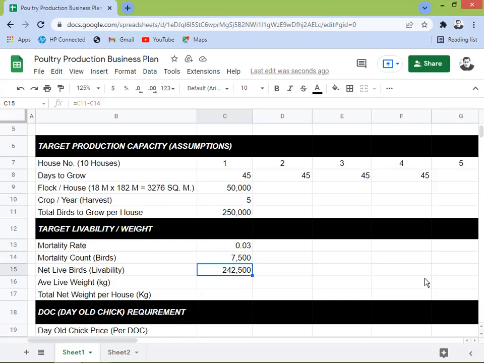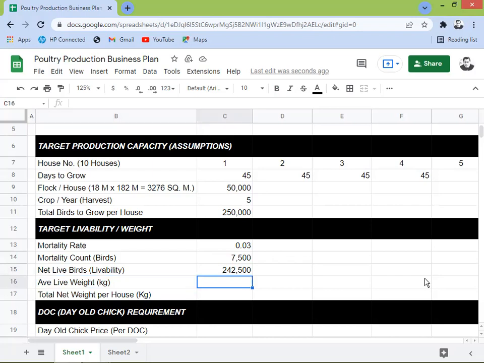When you're harvesting the birds, they will go to the poultry processing plant or dressing plant. That would be the net live birds that we're going to haul or move from the farmhouse to the dressing plant. Okay.